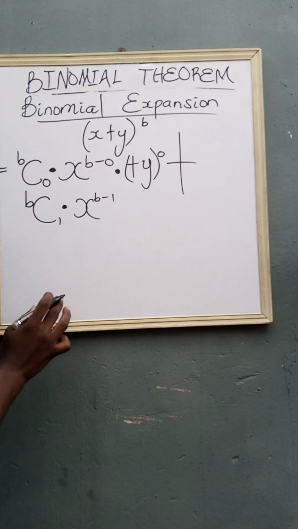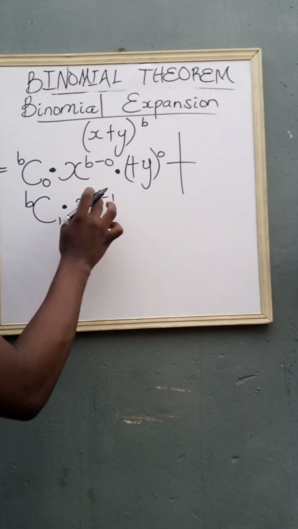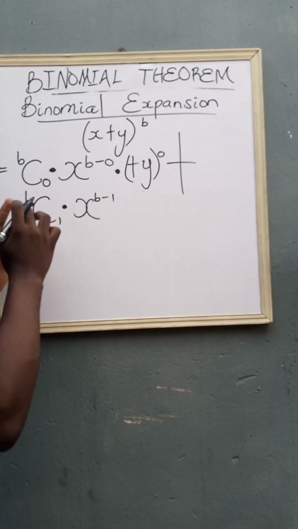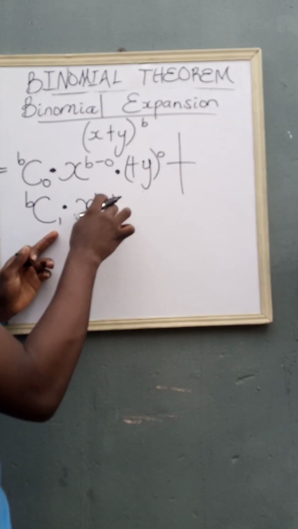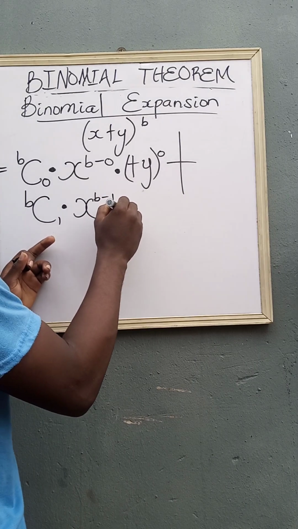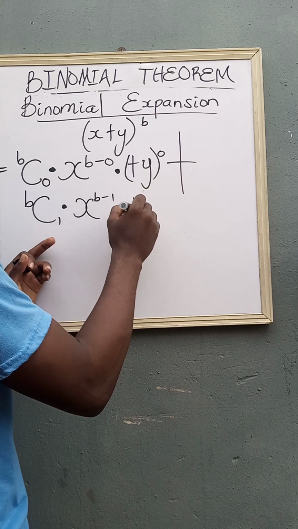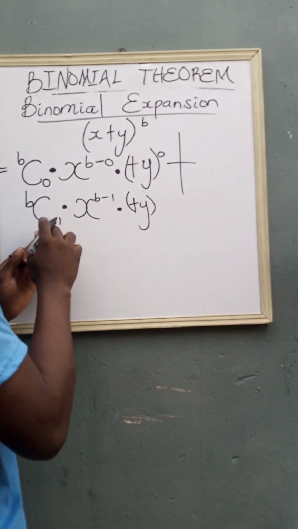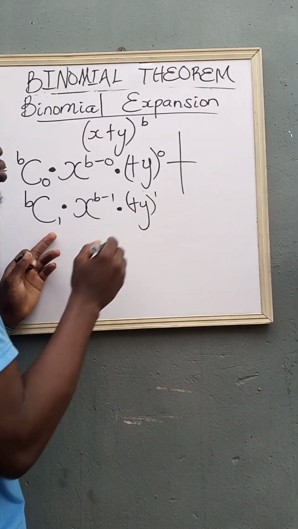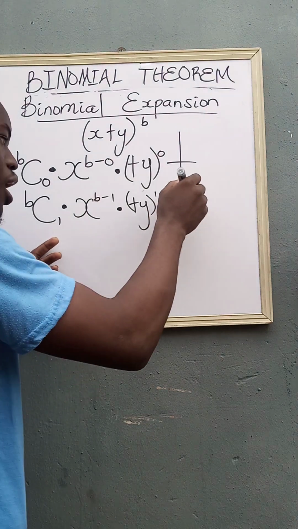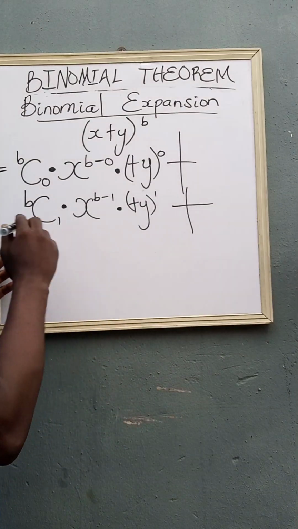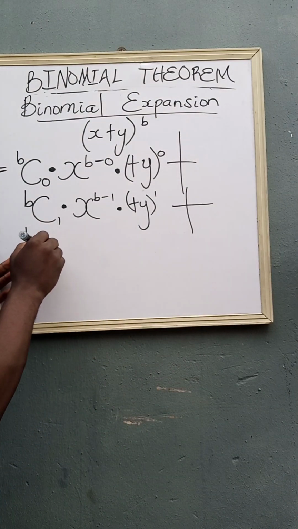For the first term, that's b minus r, which is 1 here. Then multiply by your second term, plus y raised to the power of r, which is 1. Then add again.